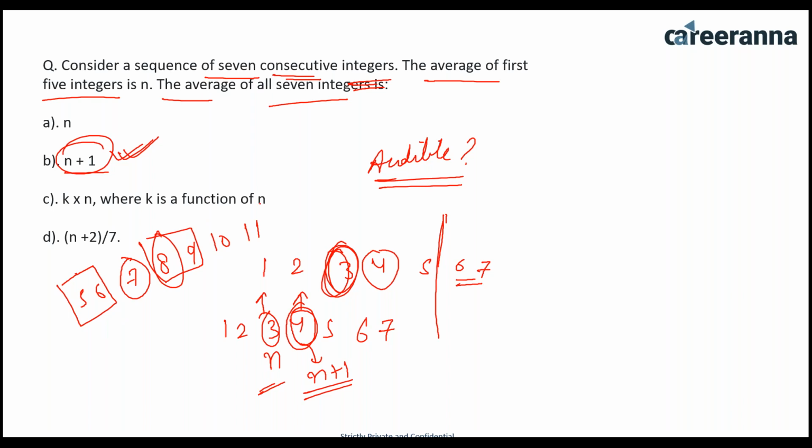Okay, I'll explain it once again. Don't worry. So the question says that we have to choose 7 consecutive numbers. So you gave me 1, 2, 3, 4, 5. Yes, Tanya, you can do it. 6, 7. Now, as per the question, these 5 numbers have an average, which is n.